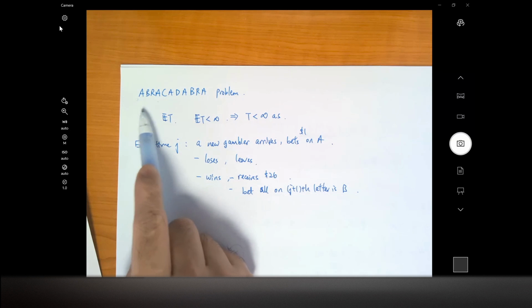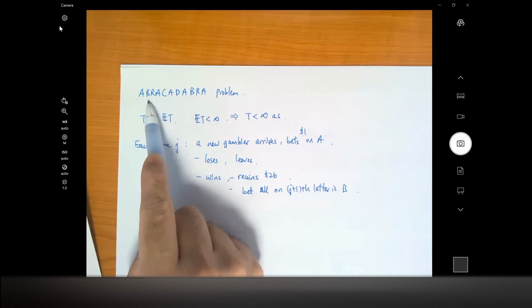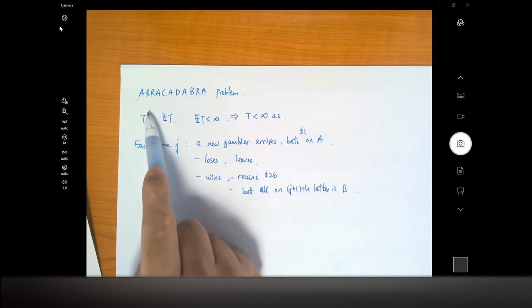So for example, let's say the first gambler comes in, he bets A, he wins, he will stay and bet B. So at time 2, there's a second gambler. So there are actually 2 gamblers at time 2.